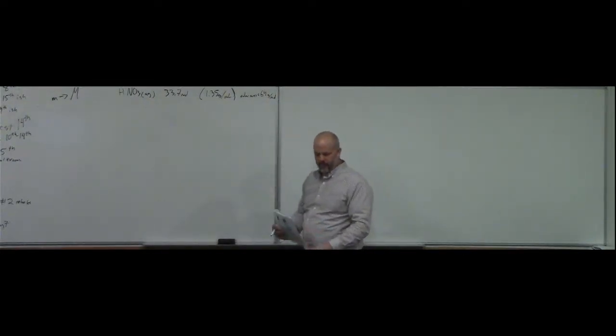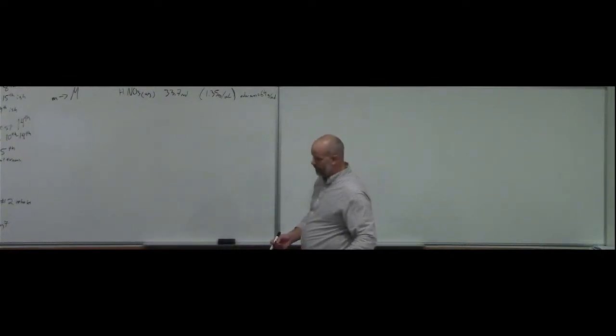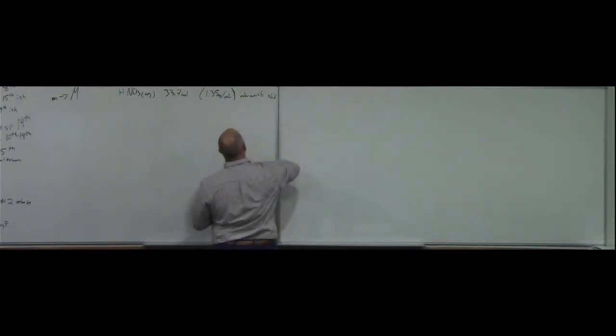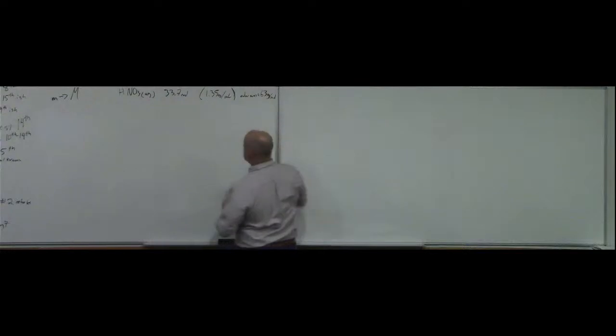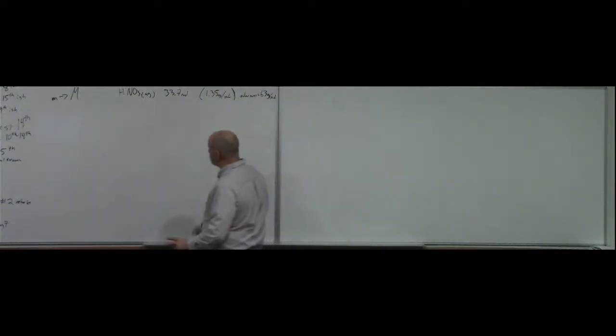Confirm that. 16 times 3 plus 14 plus 1 equals 63. How did I get that wrong? Okay. 63, not 64. Okay, 63 grams per mole.